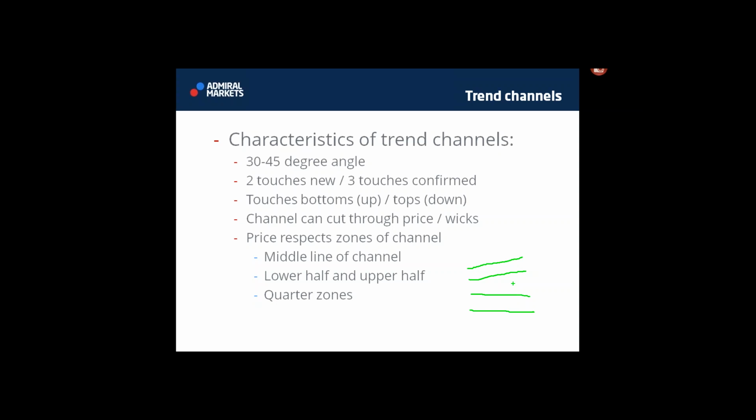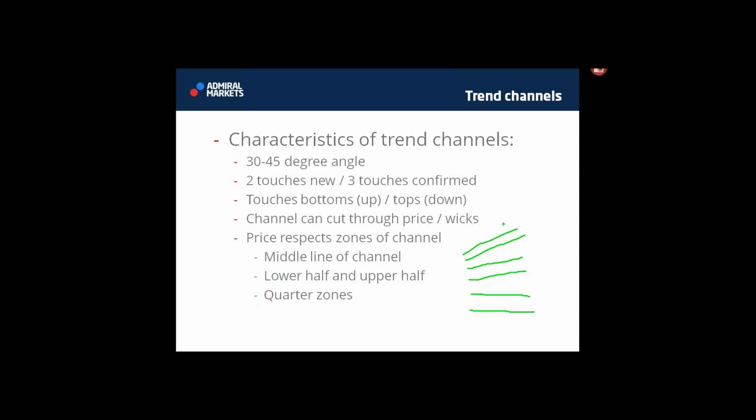A channel like this could be a correction, in fact, for probably more downside, or it could even be an end-of-trend kind of scenario. In any case, it's moving up, but very corrective. A trend channel typically should have a more angled, higher degree of angle, so that there's a bit more distance traveled to the up or downside.